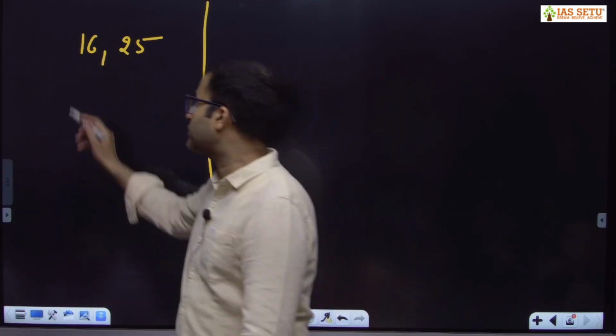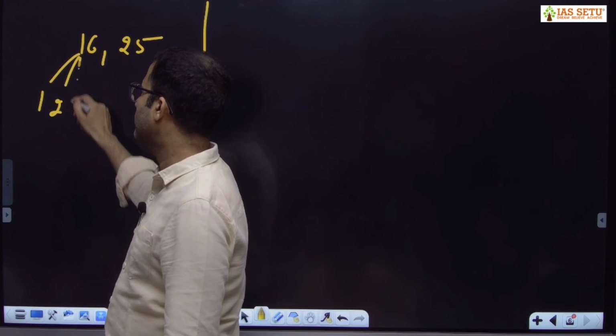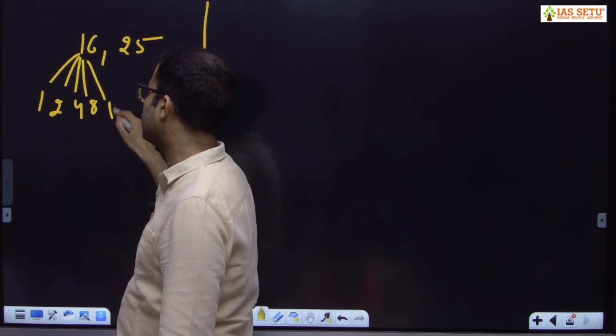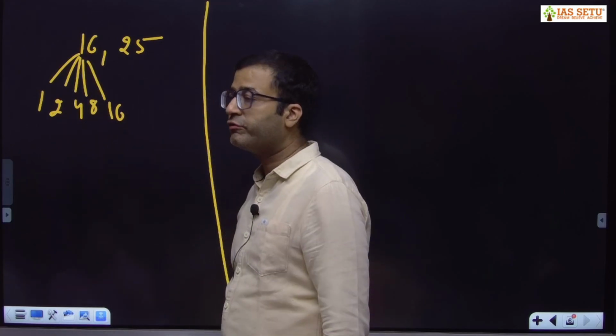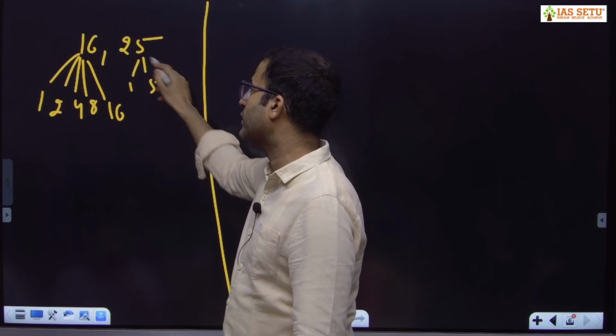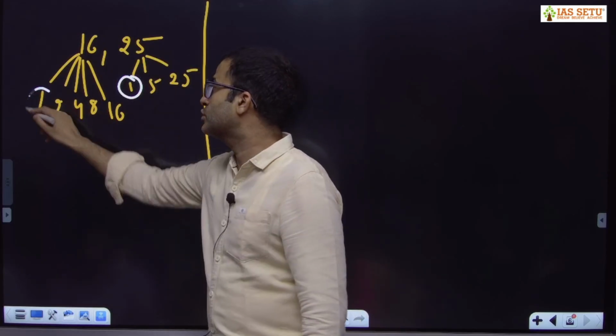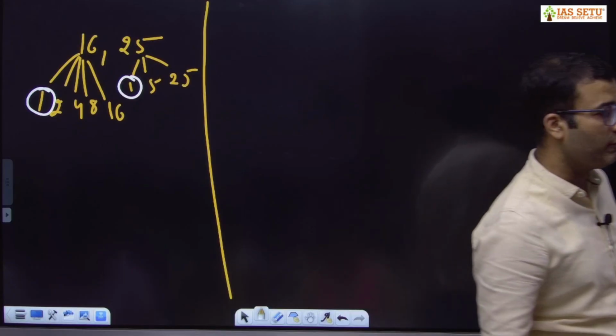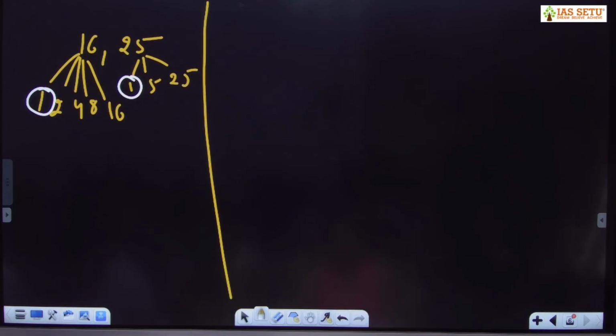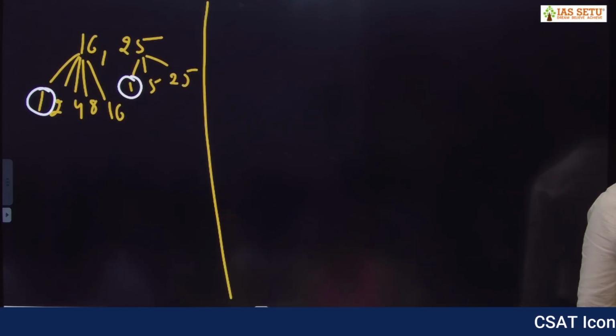What are the factors of 16? You have 1, 2, 4, 8, 16. What are the factors of 25? You have 1, 5, 25. Common factor only 1. So since 16 and 25 have only 1 as a common factor, they are co-prime to each other.